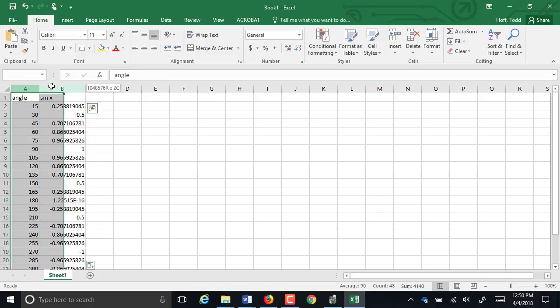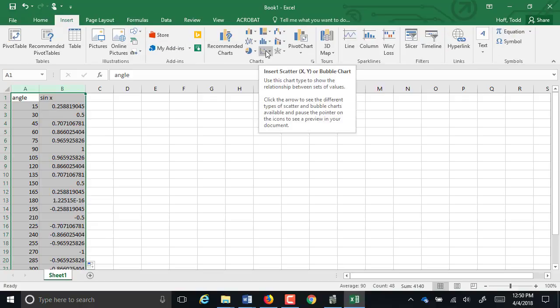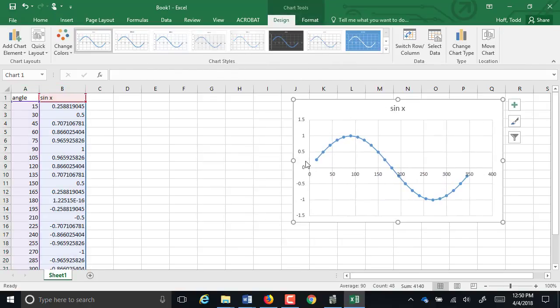Or sorry, our sine. Let's graph this. So you can see that it actually is, there you go, a sine wave.